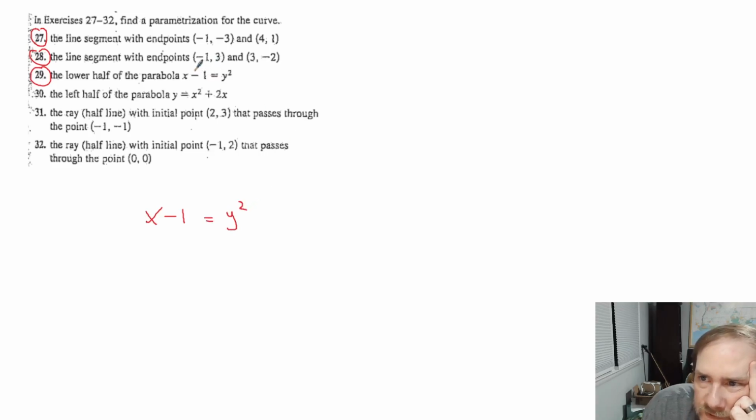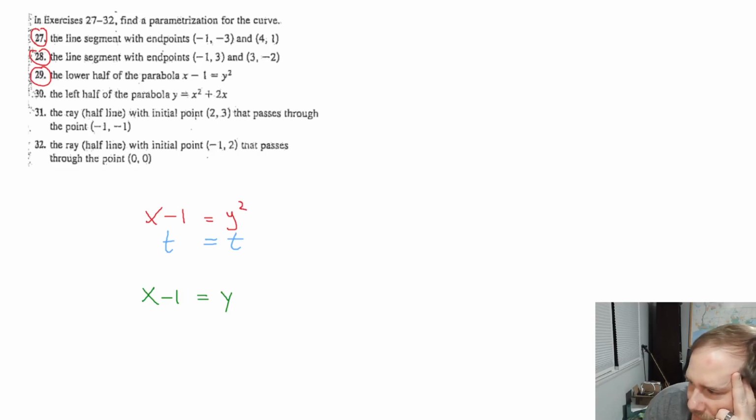Well, if this is my rectangular equation, which it is, then since you've already got one equation on the left that's entirely in terms of x, and one on the right that's entirely in terms of y, you could just say, why don't I let x minus 1 equal t, and why don't I let y squared equal t?